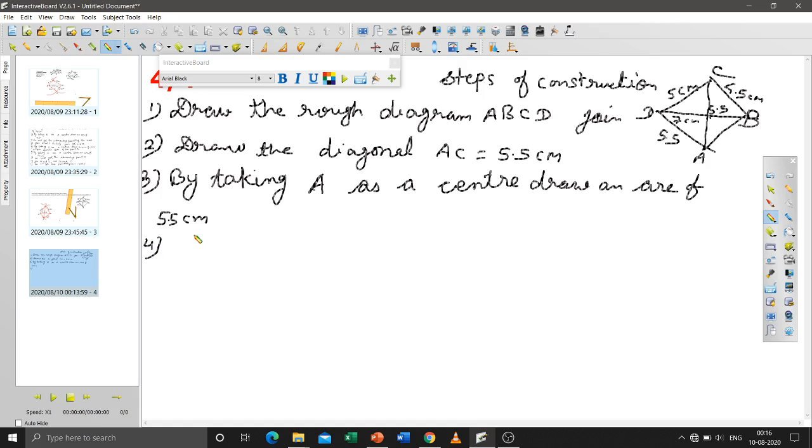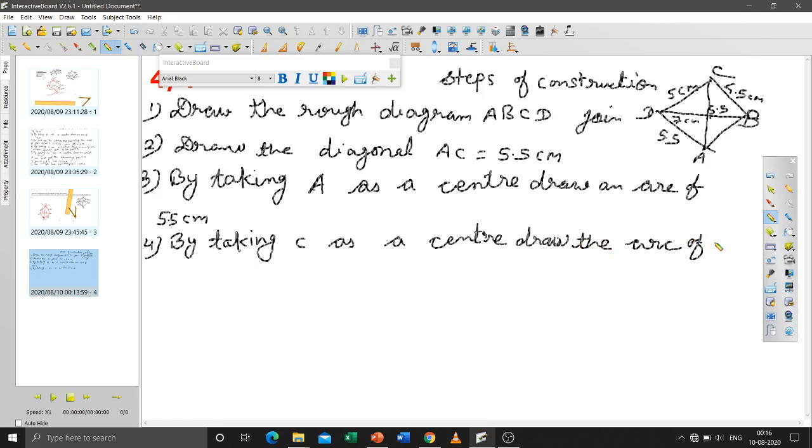Fourth step, now taking C as a center, draw the arc of 5 centimeter. We'll get the intersecting point D here.